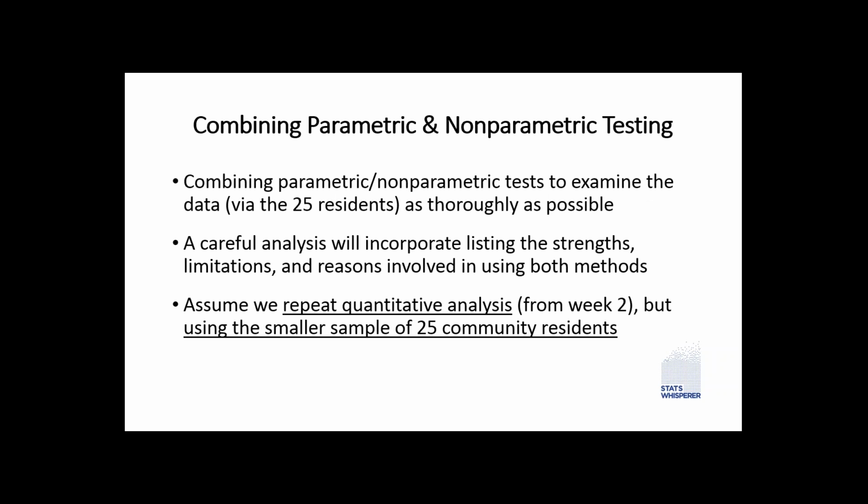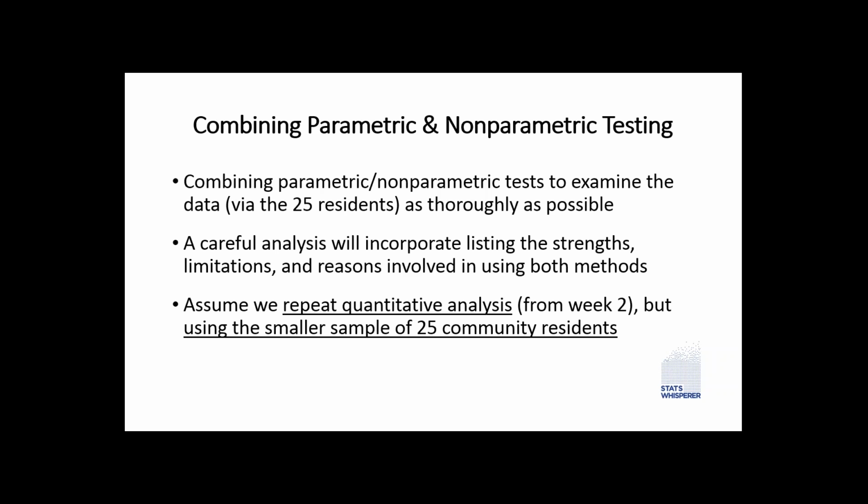So this is where we say combining the parametric and non-parametric tests to examine the data provided by the 25 residents is our way of assessing the data as thoroughly as possible. So we'll carefully incorporate these analyses. We'll list the limitations, the strengths, and the reasons for using both.